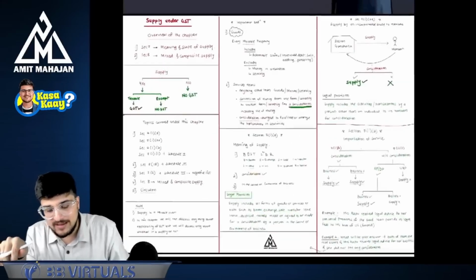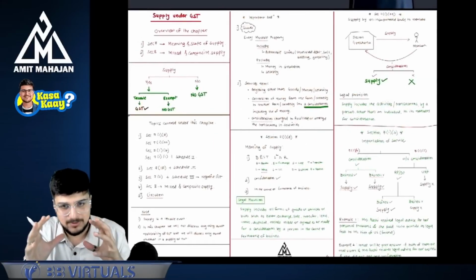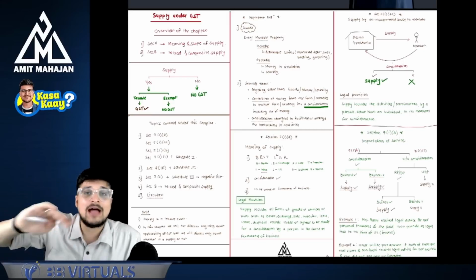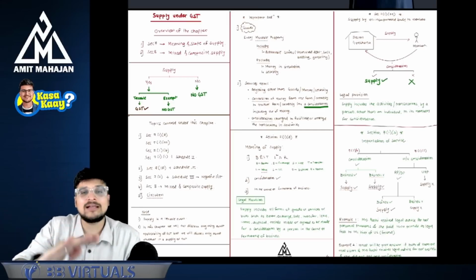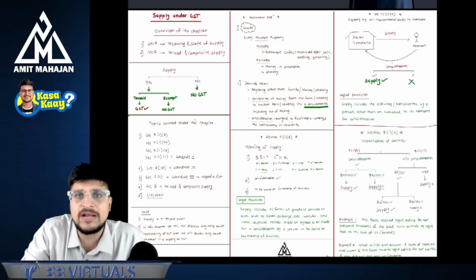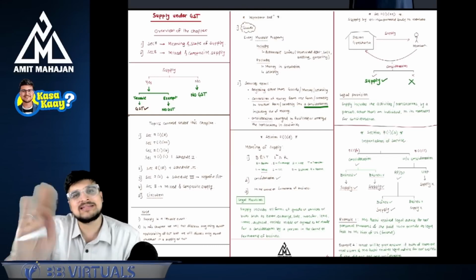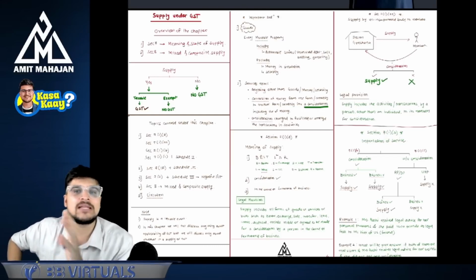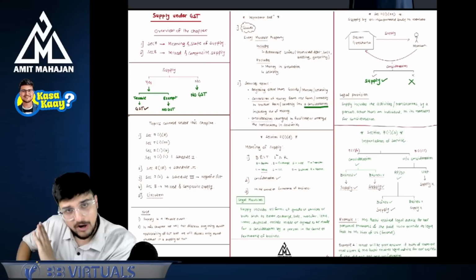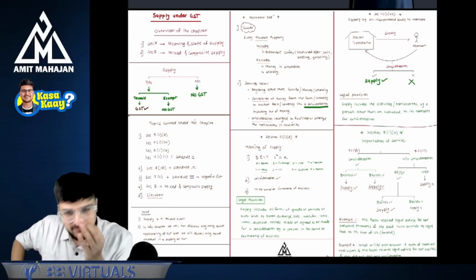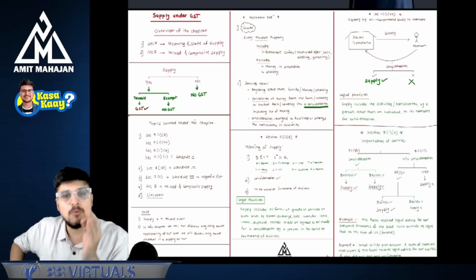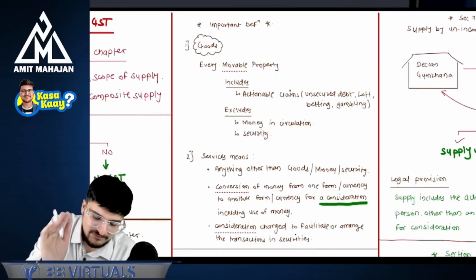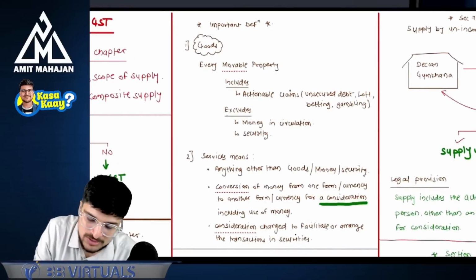I'm using these notes where I have summarized the entire chapter in a few pages, but these notes have certain examples also. This PDF has 7 pages, but if you remove the examples, you will find the main content of only 3 pages. And within 3 pages, we have covered the entire supply under GST. But we will do this supply chapter in the most detailed manner.